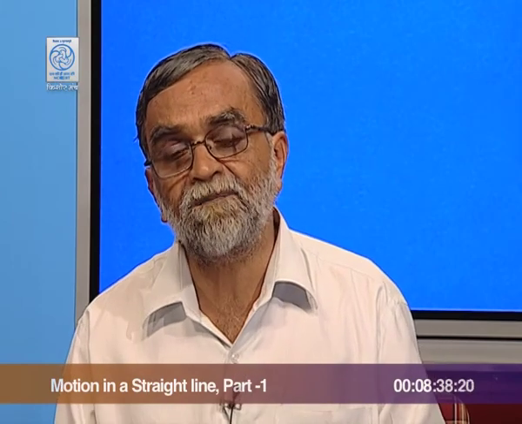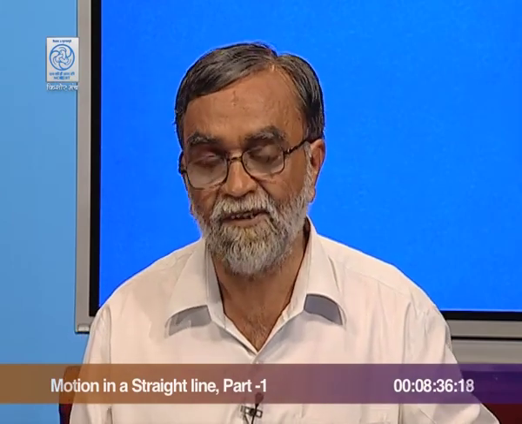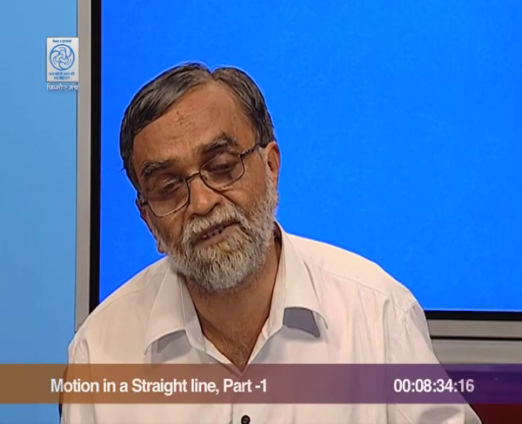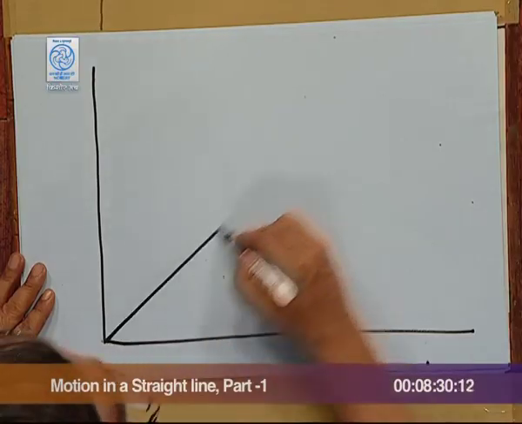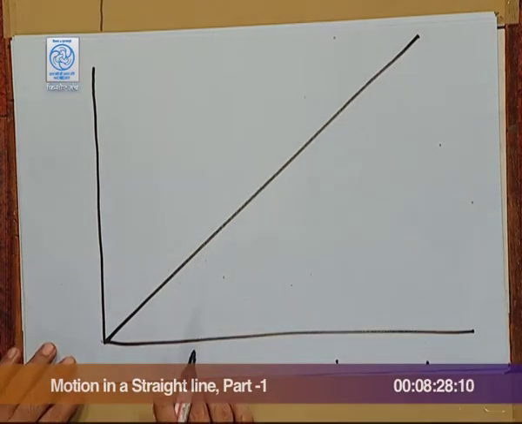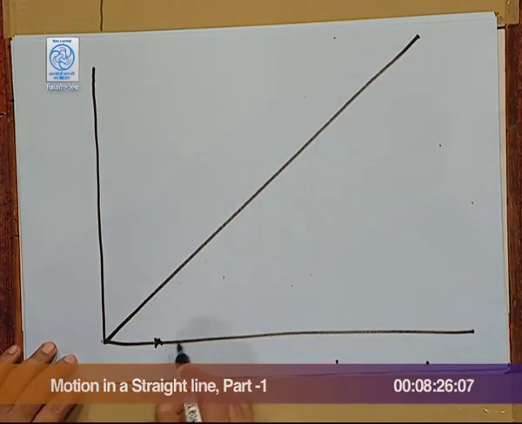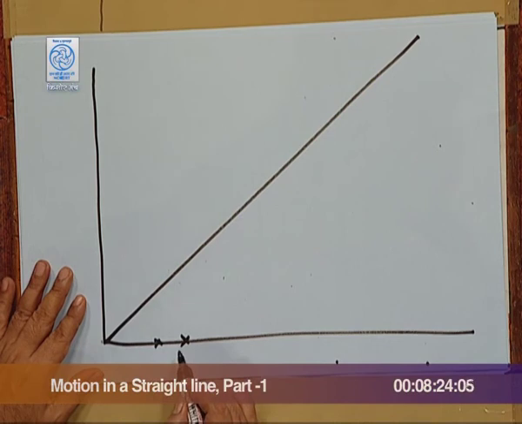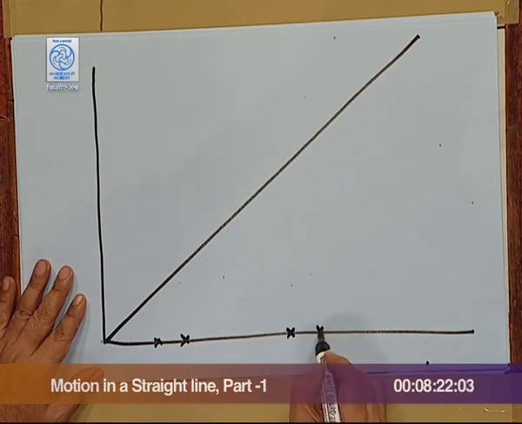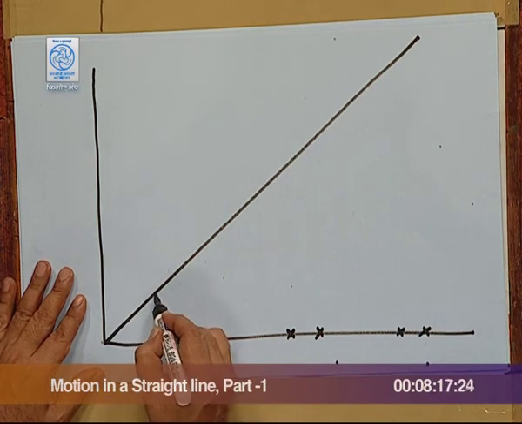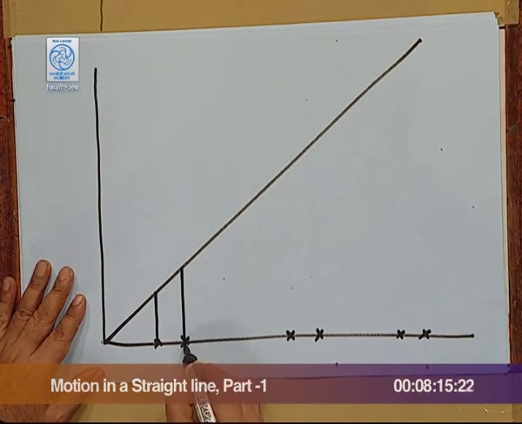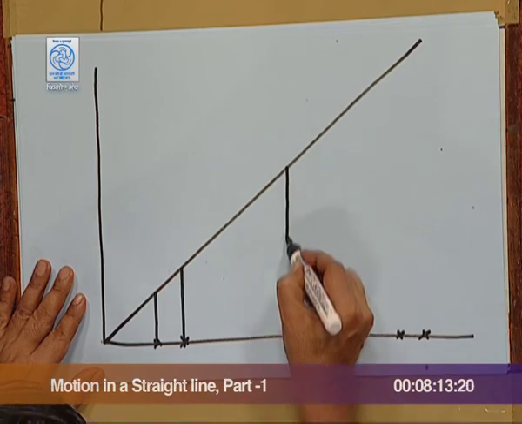Then what kind of graph do we expect for a position time graph of an object which is moving with constant velocity? Can you think? Look at this graph. Let us take the same intervals of time at different timings, which I am marking here on the graph. Look at the delta x in different intervals.